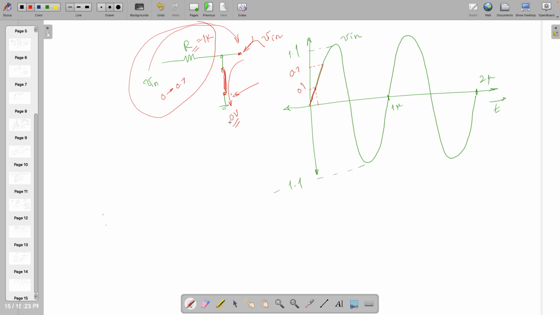So after 0.7, it is remaining at the same potential where it was, and later on when you go down to 0.7, again this becomes open. When it's open, it's going to follow the input. So this is what we are expecting.